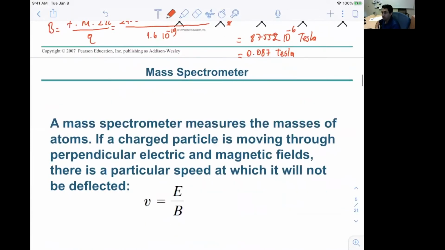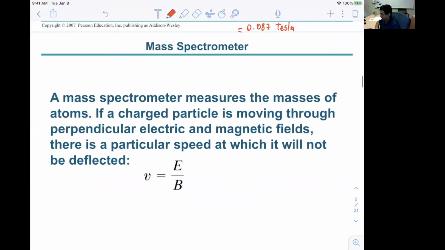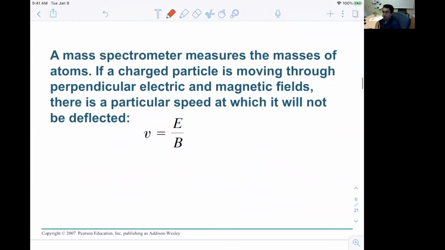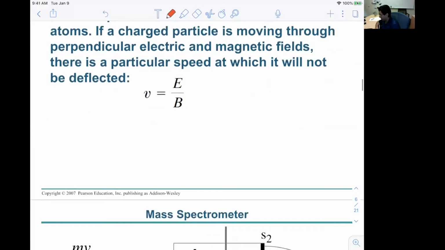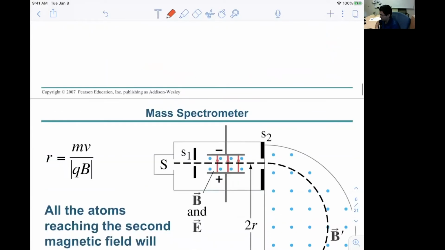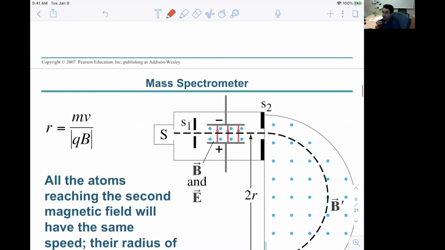The mass spectrometer is the second example we will talk about. And it's actually very important in biochemistry. In the mass spectrometer, first you have a magnetic field and an electric field that pick the velocity of the particle.